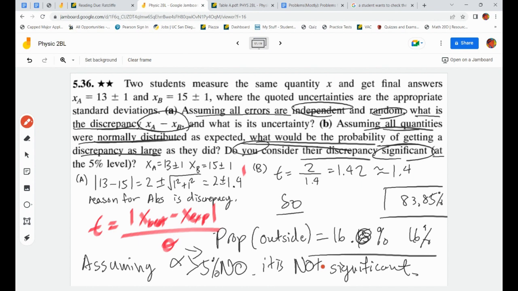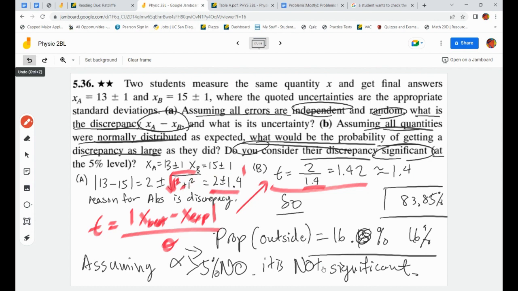All right, so yeah, we can go to the next question. Basically, we're just doing this equation up over here, and this equation up over here. So we're doing a square root, and what's happening is we're square rooting 1 squared plus 1 squared, which gives you this.